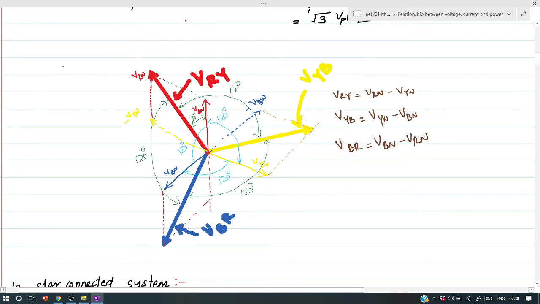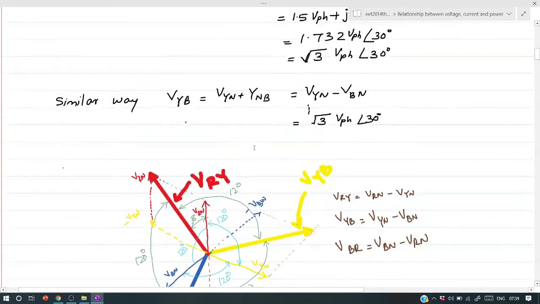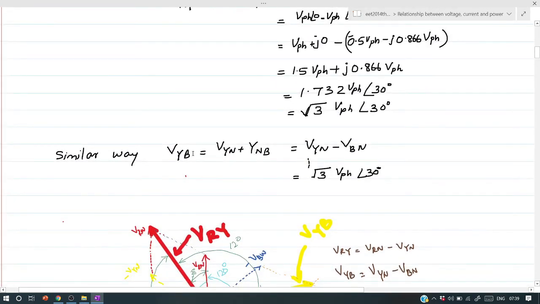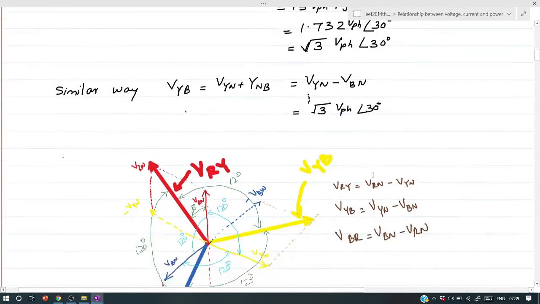Here also we can see that this is the phase voltage corresponding to Y phase, that is VYN, and this is the line voltage corresponding to Y phase, which is represented by VYB. Here we can see that this angle is 30 degree and VYB phasor is anti-clockwise with respect to VYN. So it is clear that VYB line voltage leads phase voltage by an angle 30 degree.